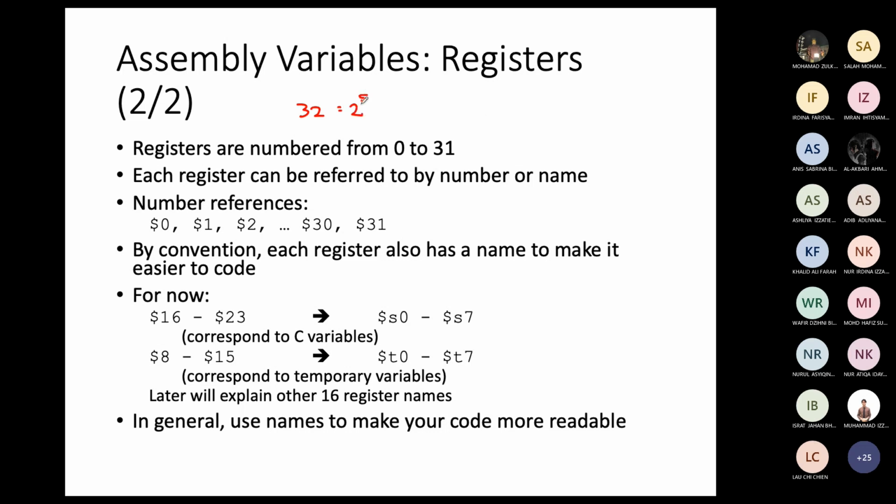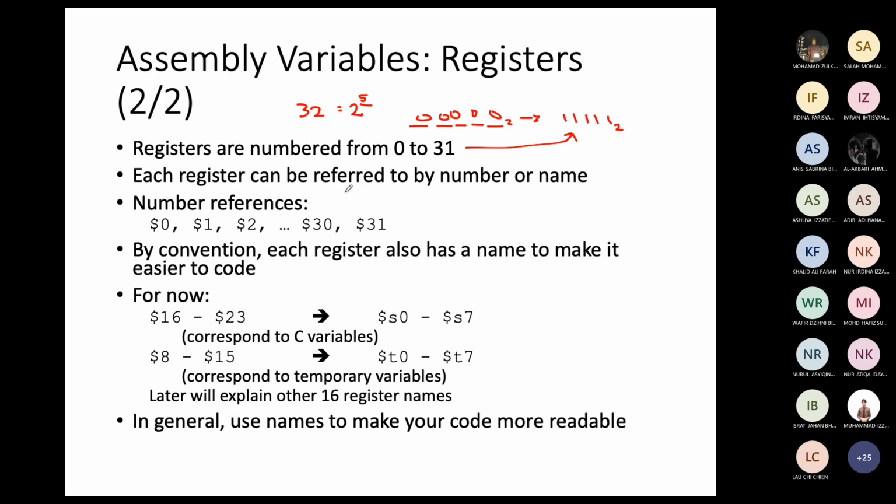This 5 is related to the 5 bits of the register number. So we start at 0 until 1, 1, 1, 1, 1, which in binary is 31 decimal.